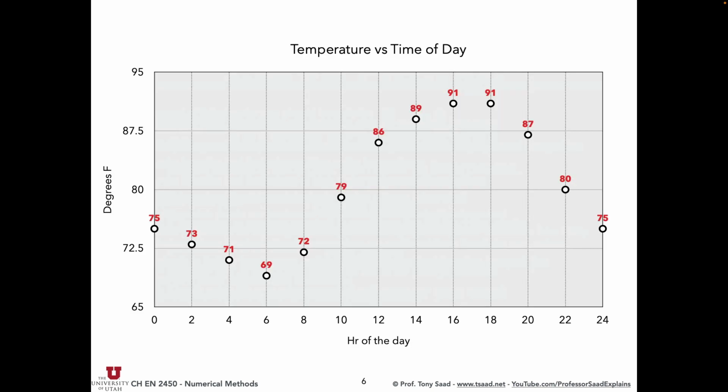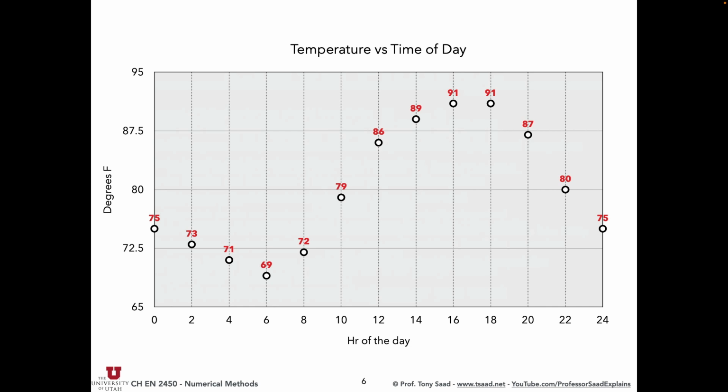This is some data I collected from our home in Sandy in August. I think this was 2018. It starts at midnight, 0, in hours, going to 24 hours. It starts at 75 Fahrenheit, then starts dropping, and at 6 in the morning the sun rises.